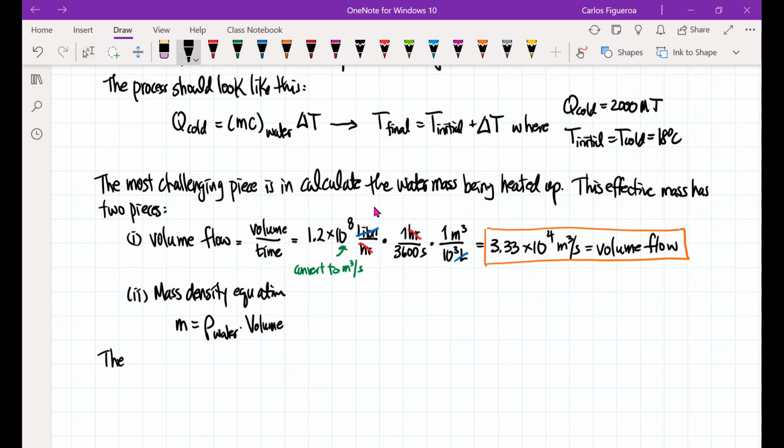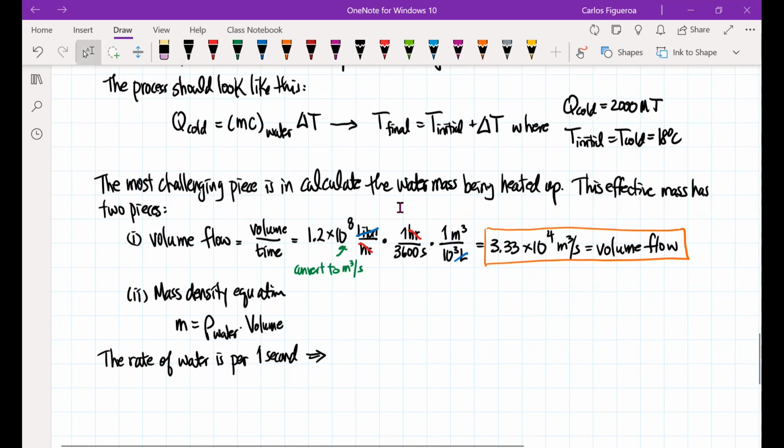The rate of water flow is per 1 second. So the mass of the water will be the density of the water times the volume, but now I'm going to multiply by time and divide by time.